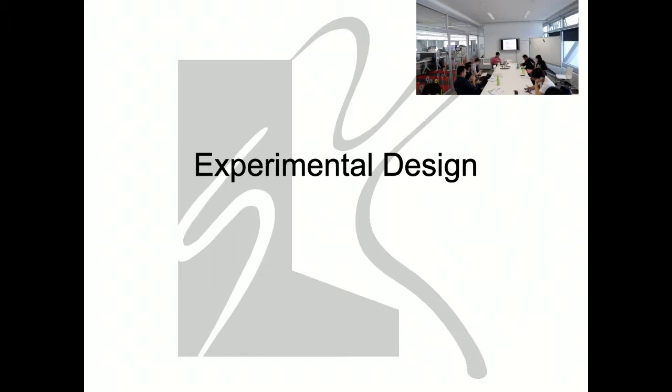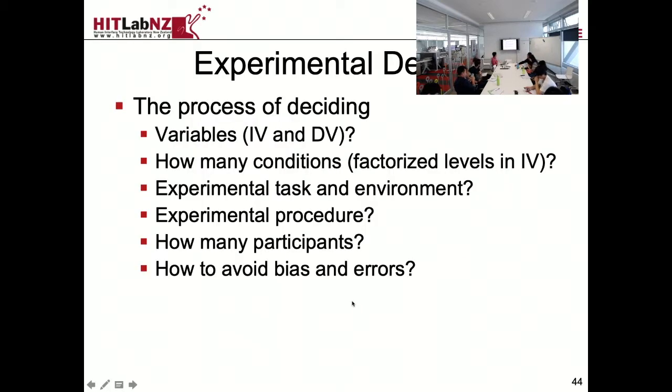Right. Okay, let's talk about that. So the procedure is you may want to decide what is the independent and the dependent variables. Then finally, how many factors, how many conditions do you want to have? That depends on the number of independent variables.